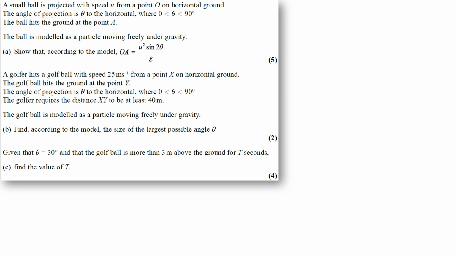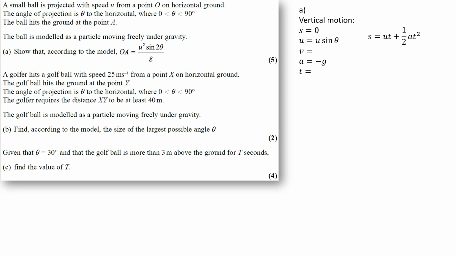This question involves projectiles, so my go-to technique is to split the motion separately to look at vertical motion using SUVAT equations and then horizontal motion later using s equals ut. So the vertical motion first. If the object is projected from horizontal ground and then it hits the ground again, the vertical displacement is 0. The overall change in height from the beginning to the end of motion is 0.